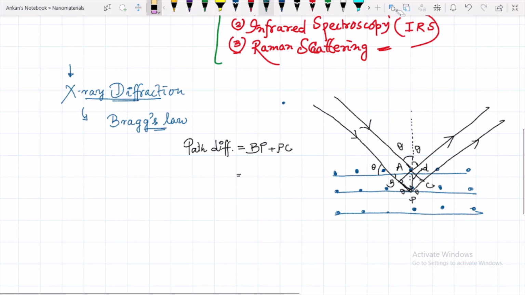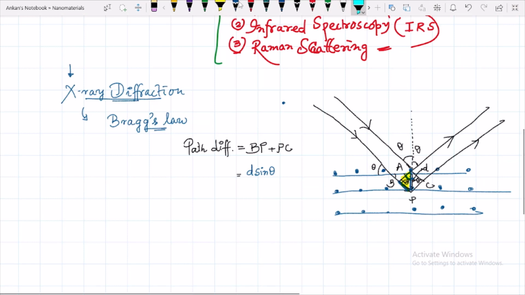Okay, so this angle will be theta and this angle will be theta. So BP will be, due to this theta, d sin theta from the ABP triangle.